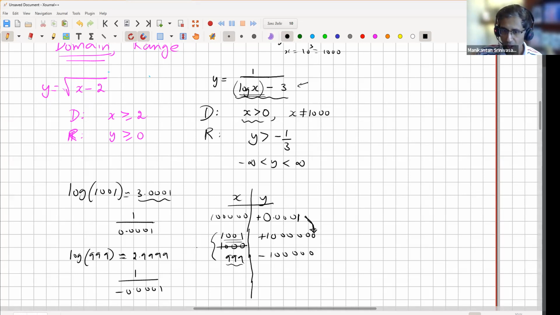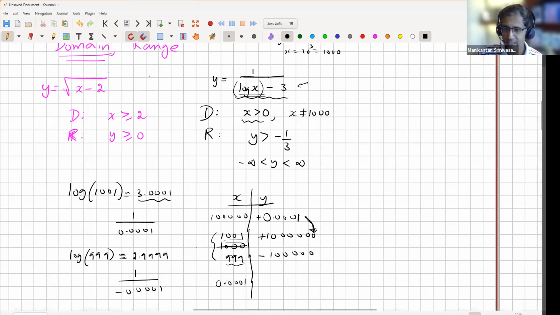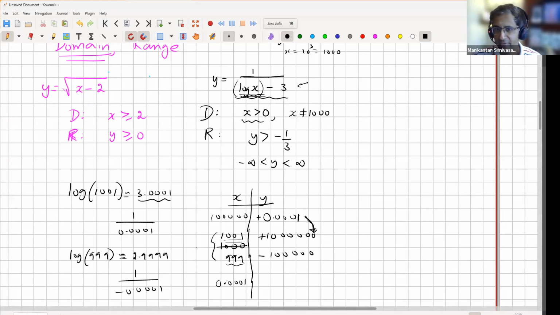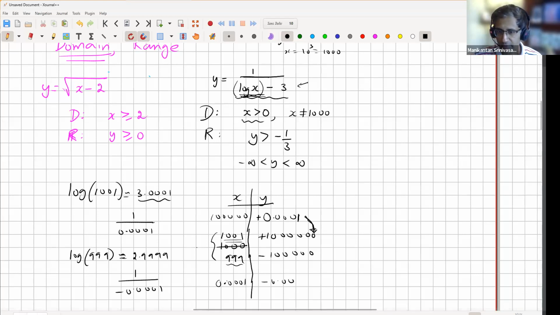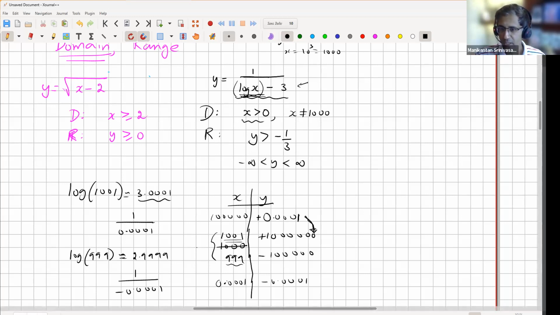Then we can go all the way to 0. X cannot be 0, but x can be 0.0001. Then log x is almost negative infinity, so the denominator is a large negative quantity, and the fraction goes all the way to almost -0. So we have the entire range of negative and positive covered.